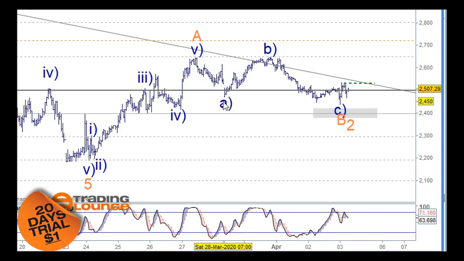And then we've got the A wave here, the B wave here. Now, this B wave doesn't really give me a nice 3-wave move, but I'm going with it, because it's come to the highs here. We've got a nice 5-wave structure down here though, but this high, the B wave, doesn't normally come that high, but it can move above wave A, like it has done on the Nasdaq.